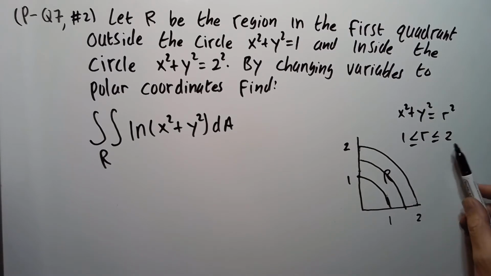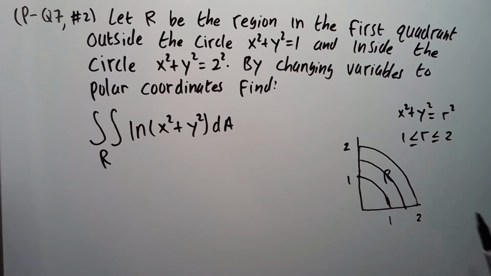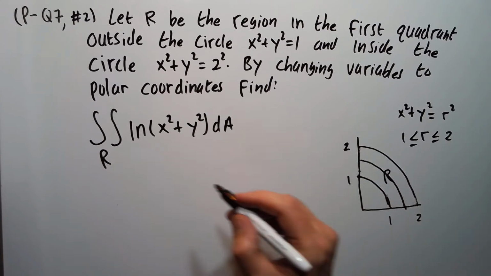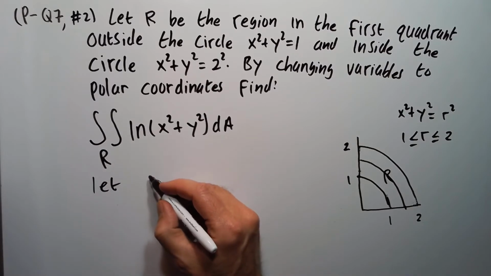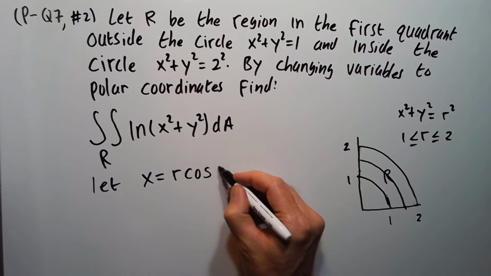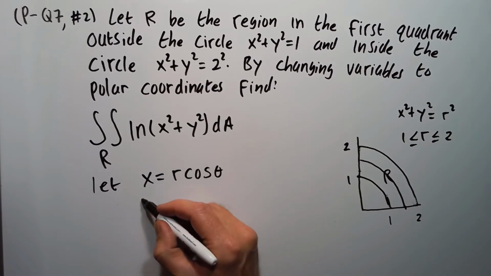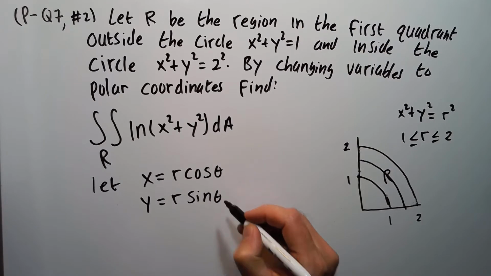So if r varies between 1 and 2, it'd pick up different circles inside there. It'd pick up all the region in. So we're going to say let x equal r cosine theta, and y equal r sine theta.